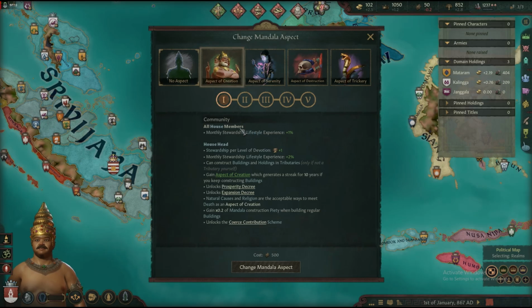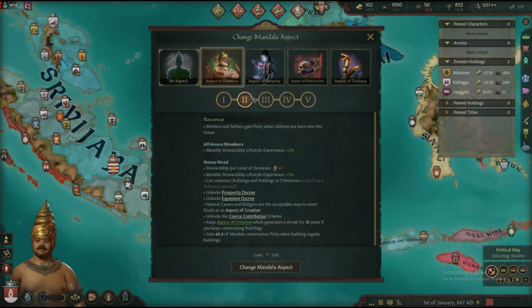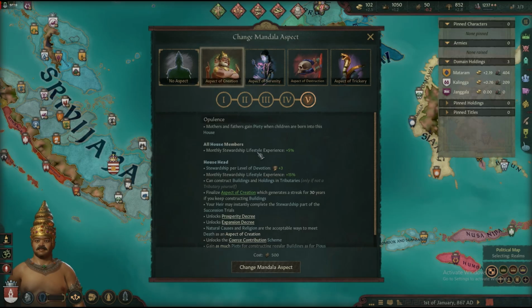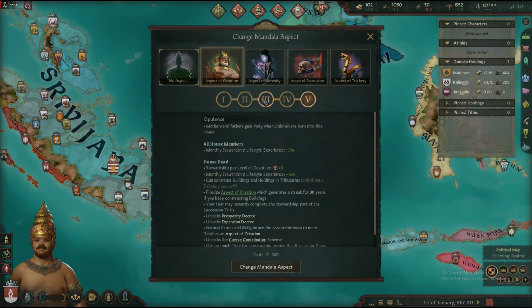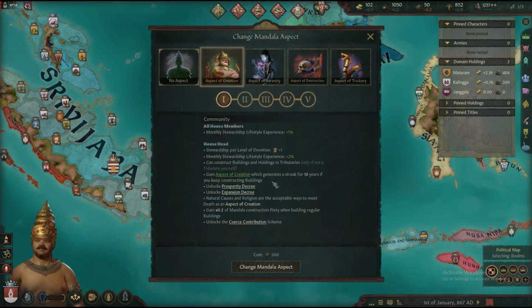And okay, you get 1 per level of devotion, and you add 1 every 2 ranks, it looks like. So you start at rank 1, and you get 1 point for 3 and 5 as well.